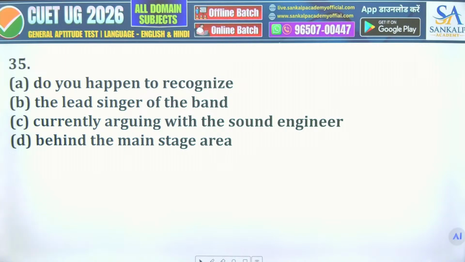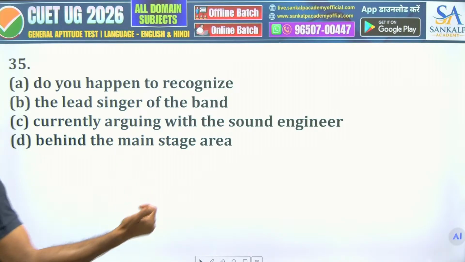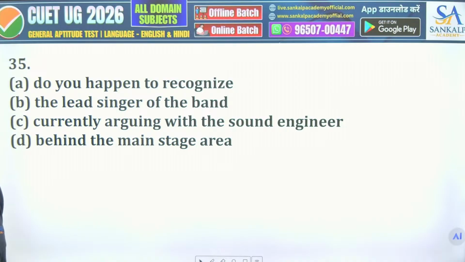Do you happen to recognize the lead singer of the band currently arguing with the sound engineer behind the main stage area? This fits in ABCD. As we talked about, this one ing clause shows what is happening at a particular time, right?